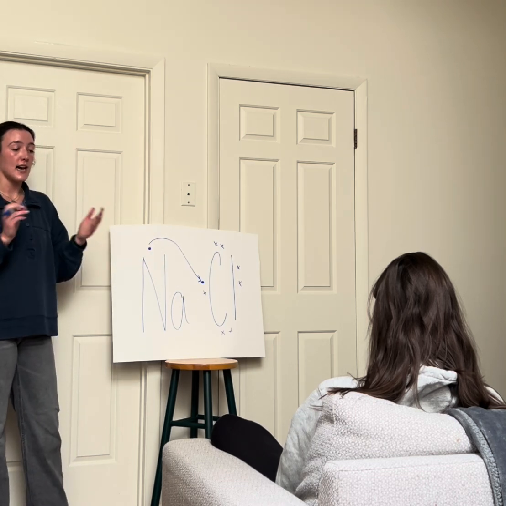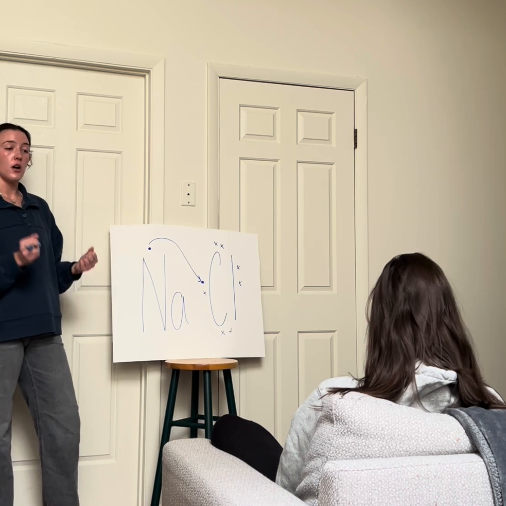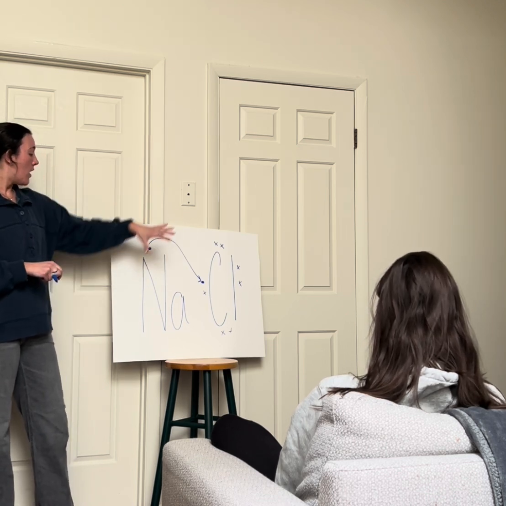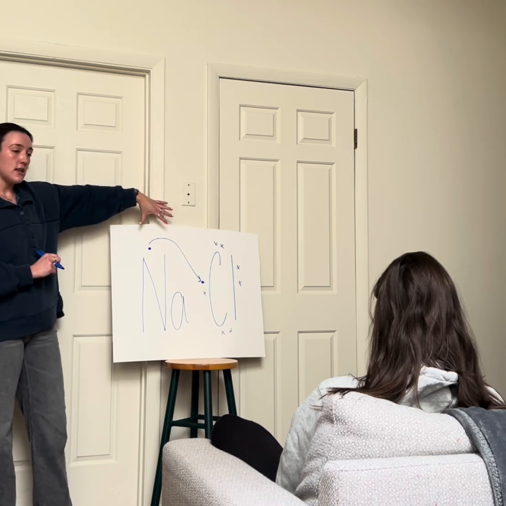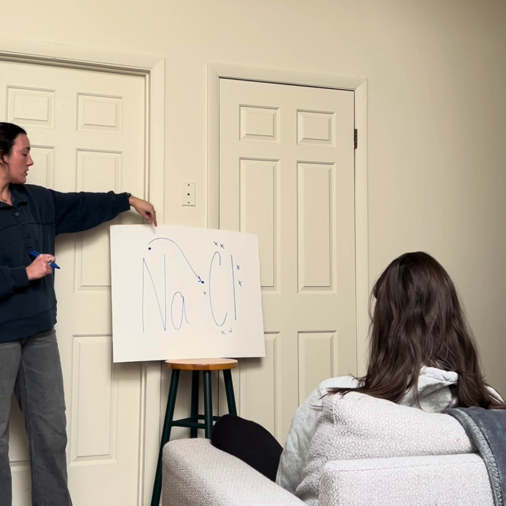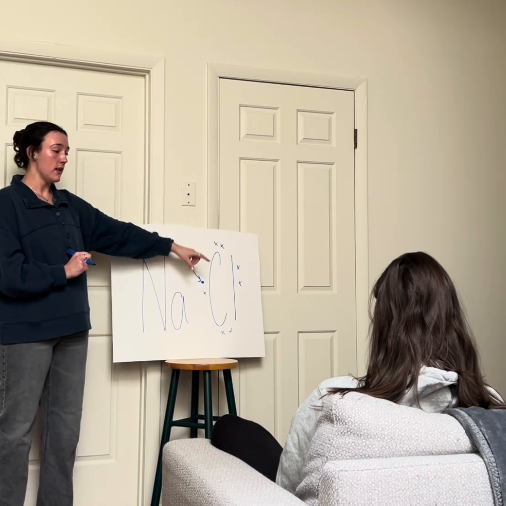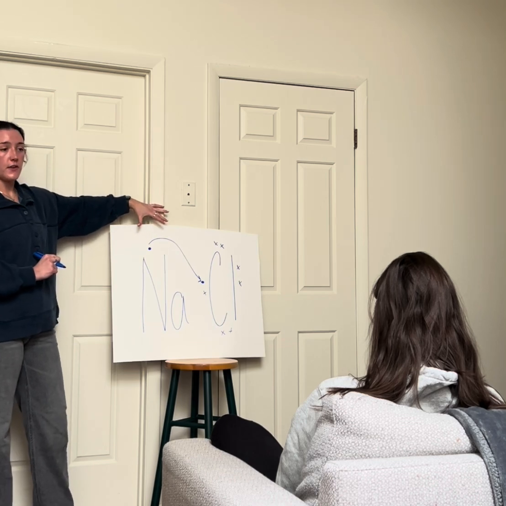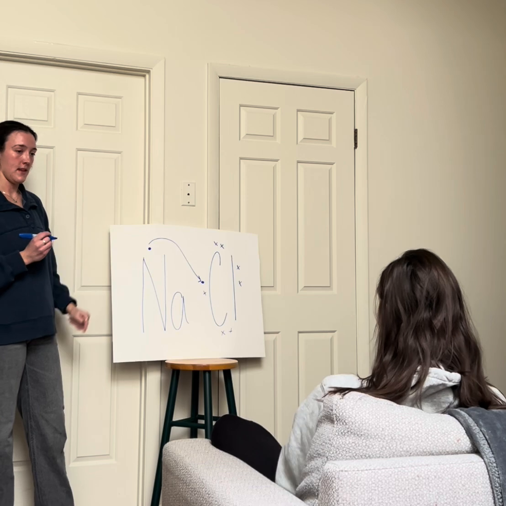So our next step is to figure out the charges associated with each ion present in the chemical compound, because as we stated earlier, a chemical compound is composed of oppositely charged ions. So, how are we going to denote the charge now associated with sodium? Sodium has just lost 1 negatively charged electron to chlorine. So, how is its charge going to be affected now that it has lost 1 negative electron? Yes. And it's going to become positive.